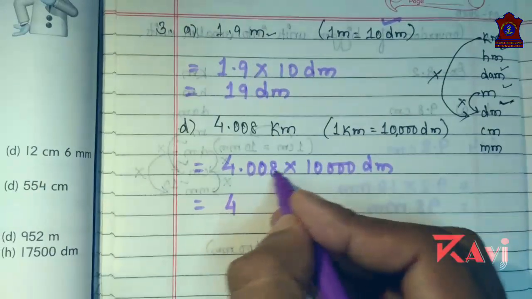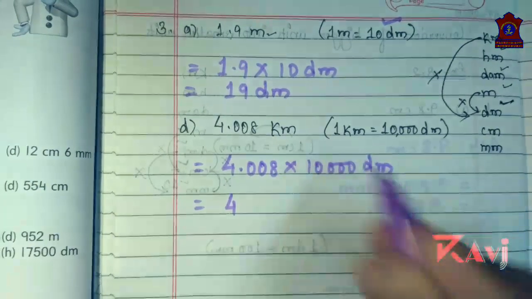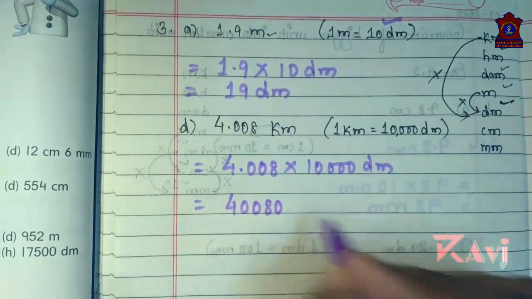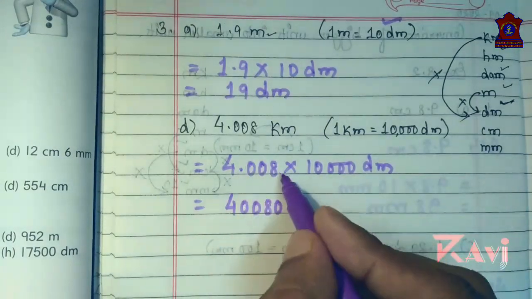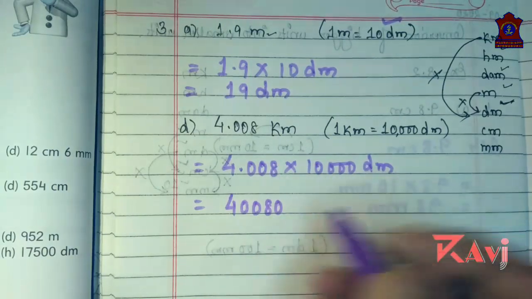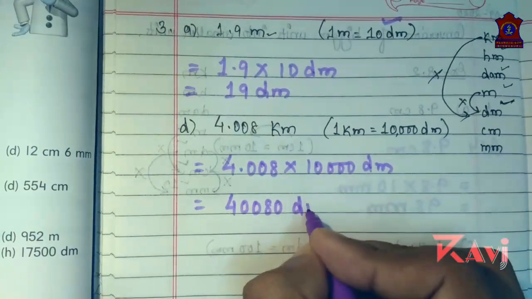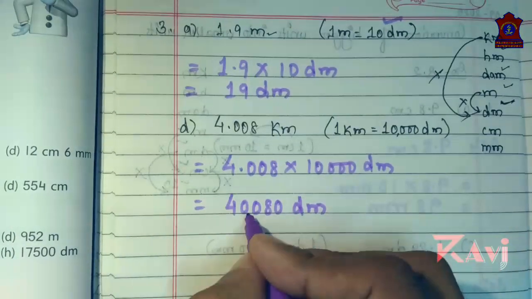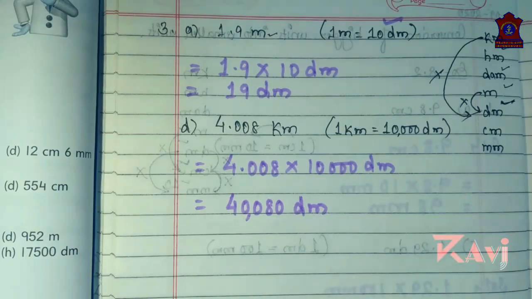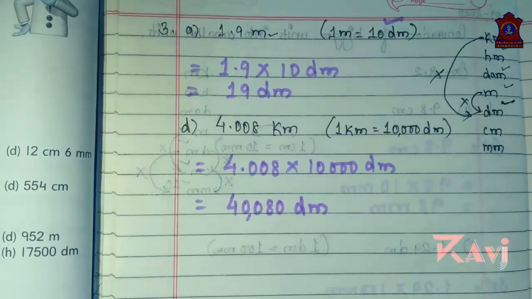There are only 3 digits, so you need to add 1 zero. So 1, 2, 3, and 4. Now the answer will be 40,080 decimeter. Clear? So like this you have to do question number 3 also.